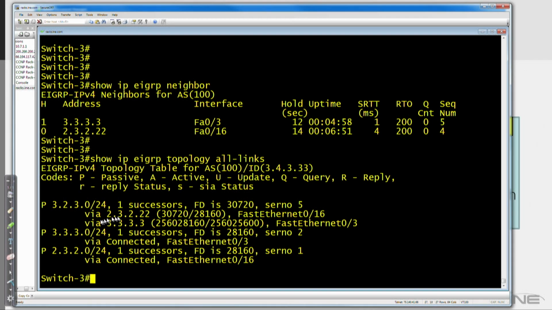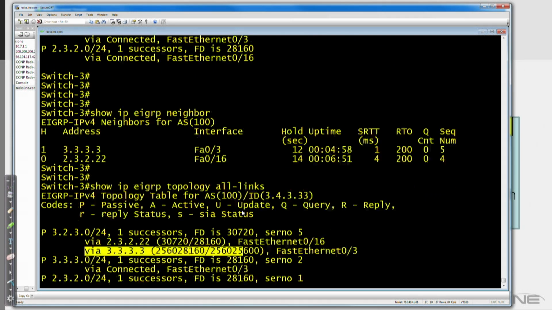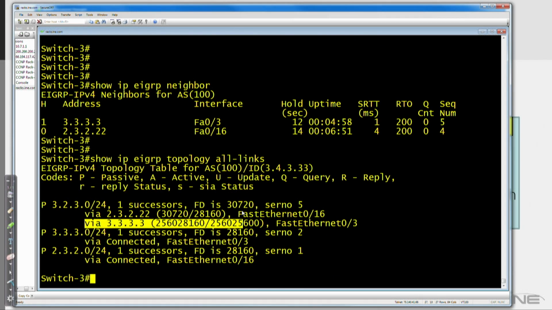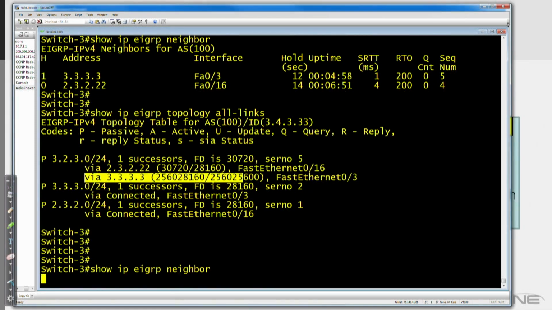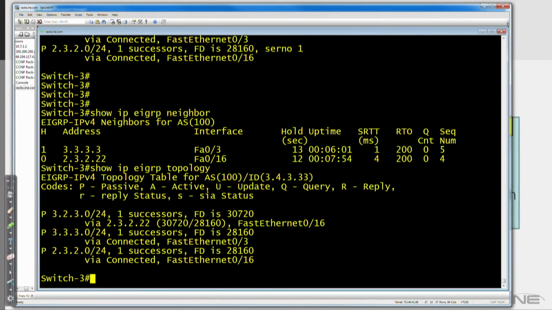So look at this. Here is router 3. Something got changed here. Okay, so it changed. So here is what we're looking at.